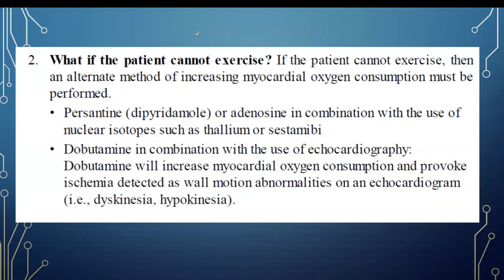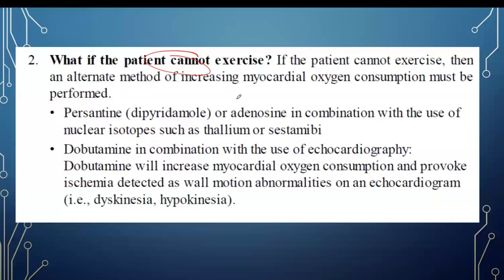Okay, what if the patient cannot exercise? So if your patient cannot exercise, then you need to make the heart as if it is exercising. So how can we do that?